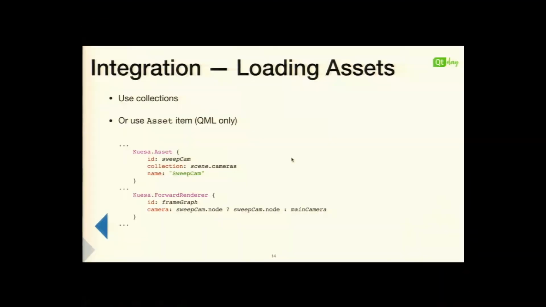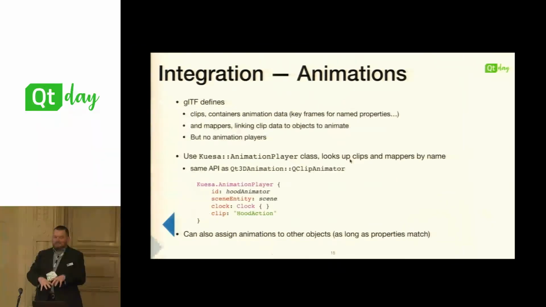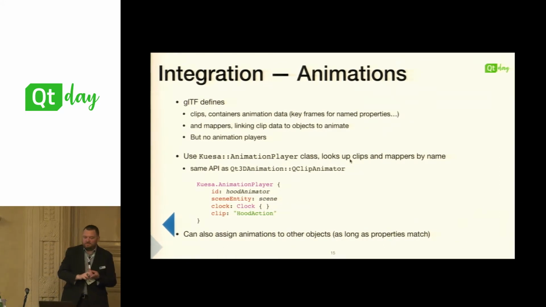So if I go back to my slides, using assets. glTF can store animations. An animation is basically made of two parts. There's something called clips, which is basically values of things like positions or rotations at different moments in time. Then you interpolate across these values through time.